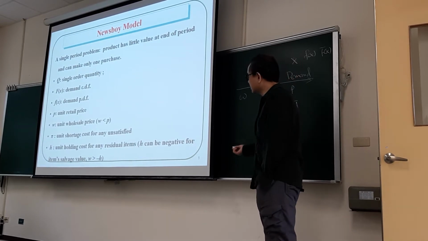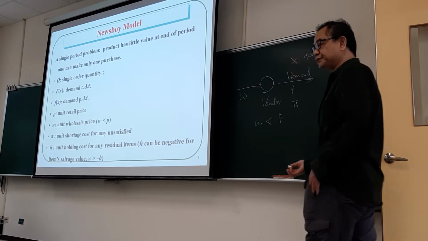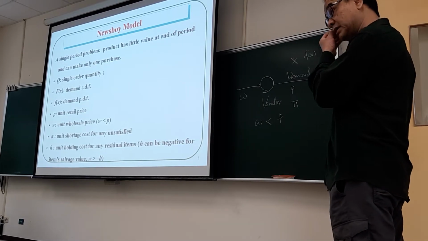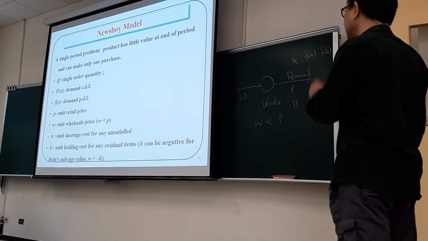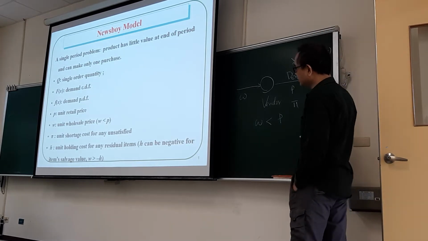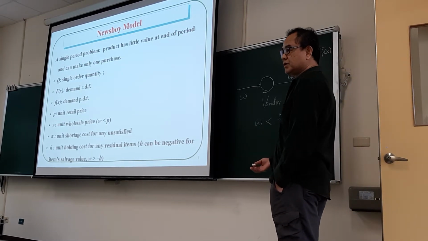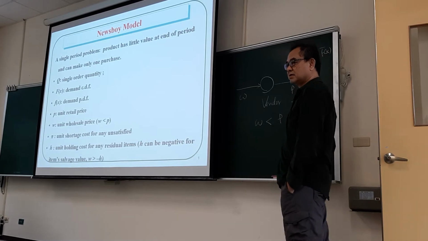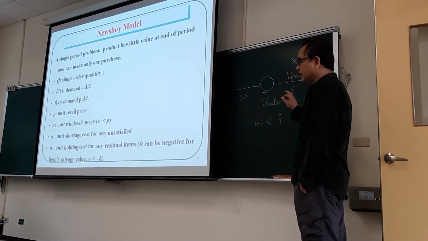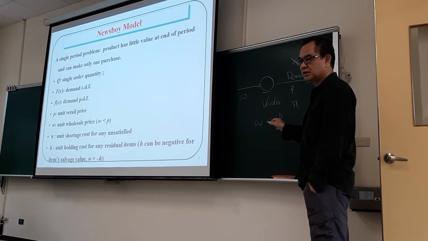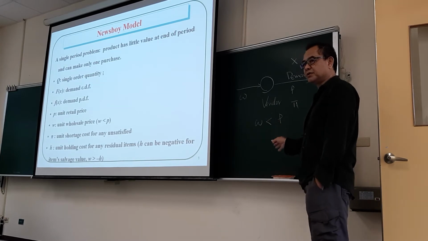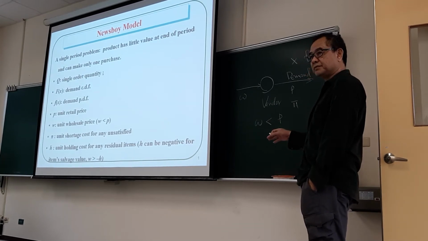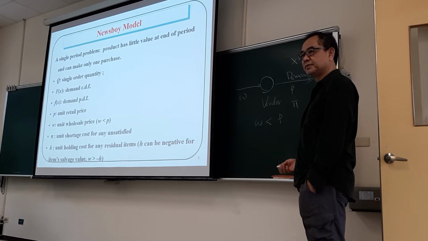So H, what is H? It is slightly different from the EOQ model, but it still holds the same meaning. H in the EOQ model is the holding cost, right? So for anything unsold at the end of the period, we have the holding cost, right?